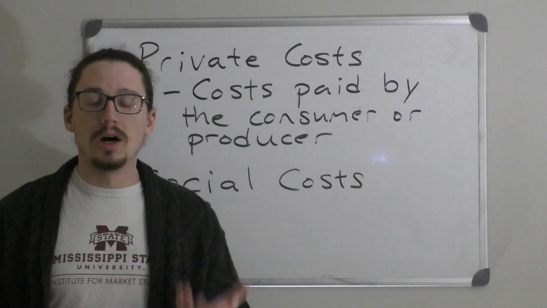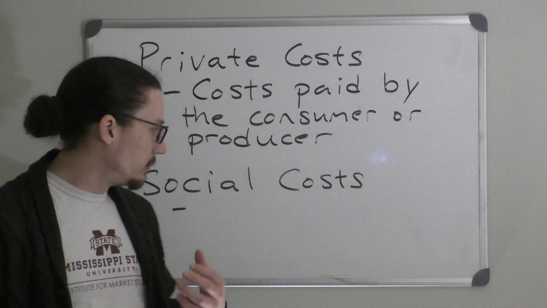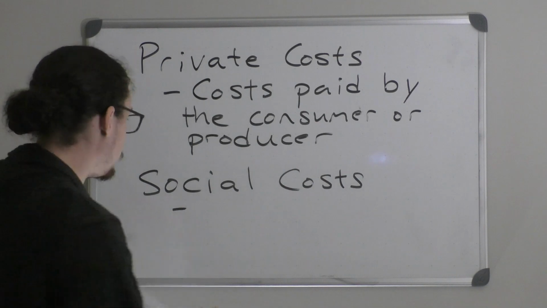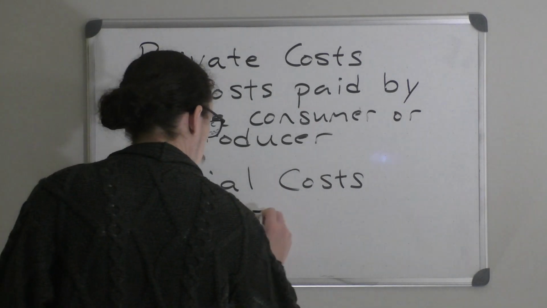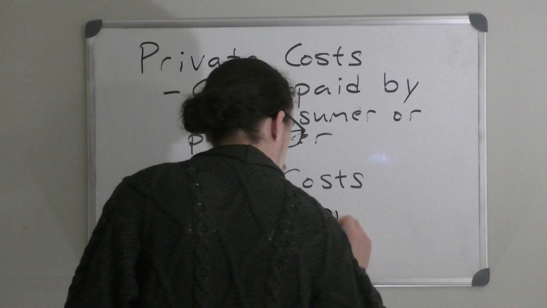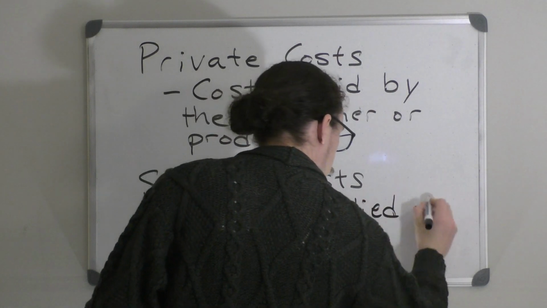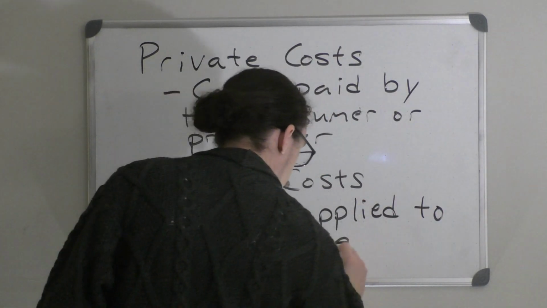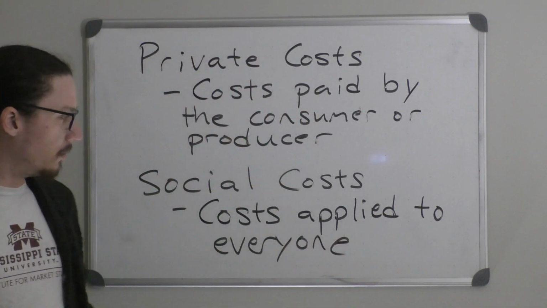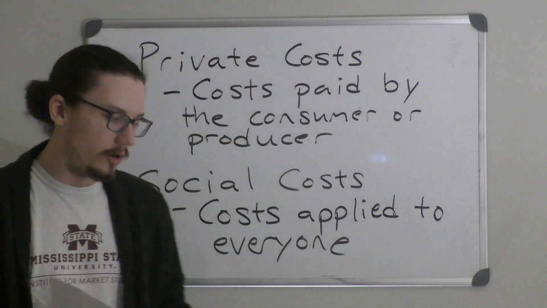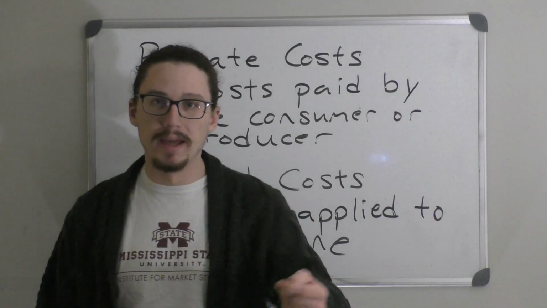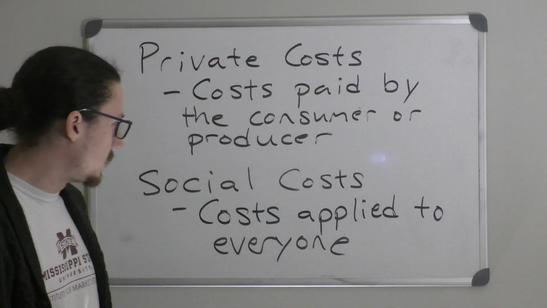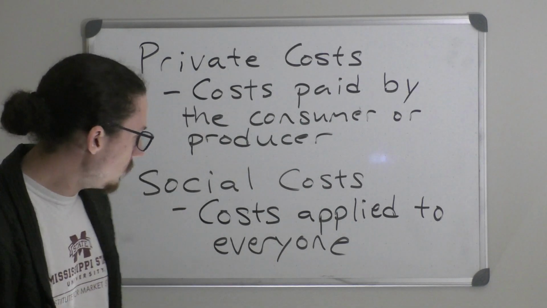Social costs are costs that are paid for by everybody. I guess probably applied is a better word. A lot of these costs you're not actually paying something, the cost is foisted upon you.